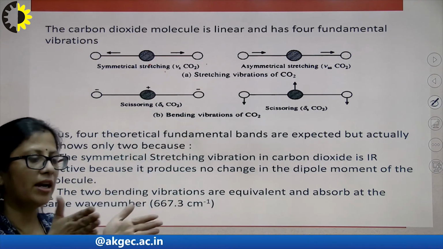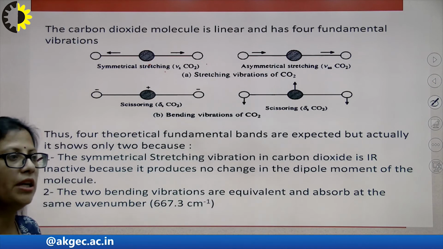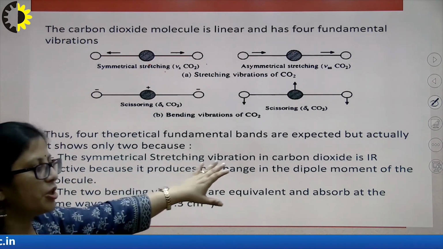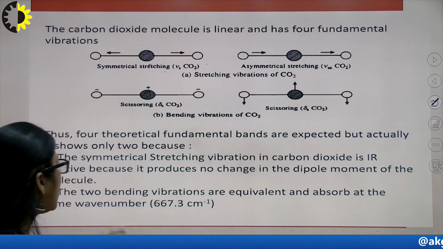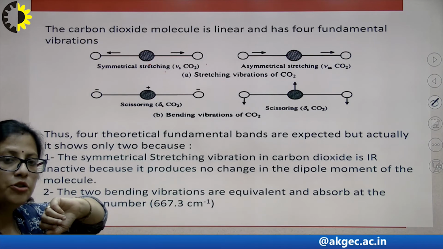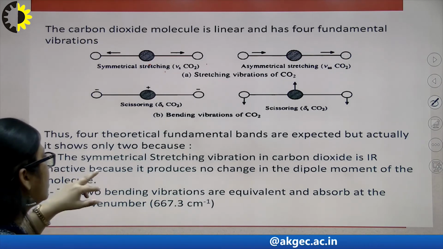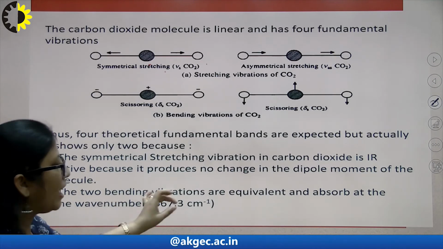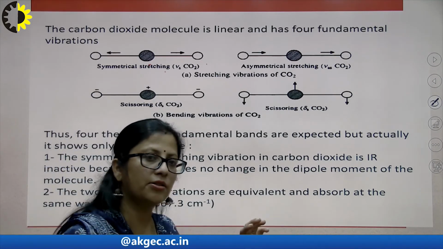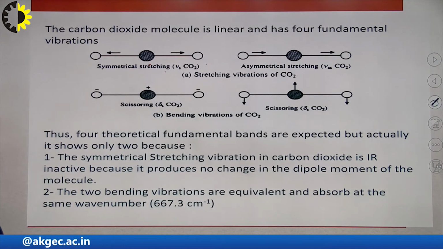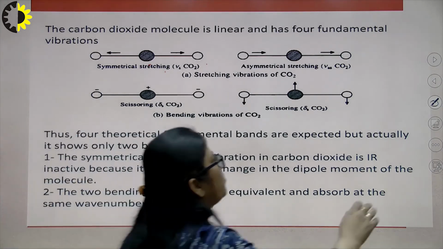These 2 will overlap with each other, so they are going to show only one vibration. Therefore, the symmetrical stretching vibration in carbon dioxide is IR inactive because it does not produce any change in the dipole moment of the molecule. And the 2 bending vibrations are equivalent, they are same and they absorb at the same wave number. That means they are going to overlap with each other. So, only one peak will be shown.